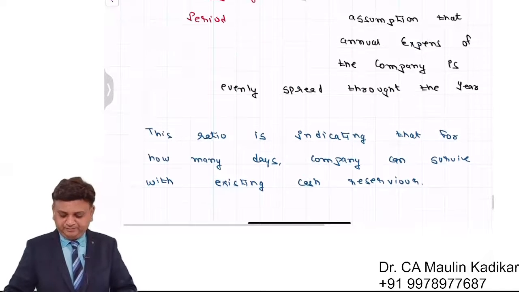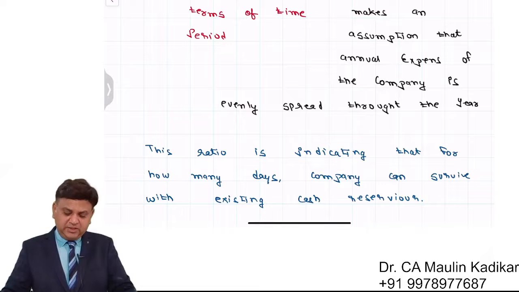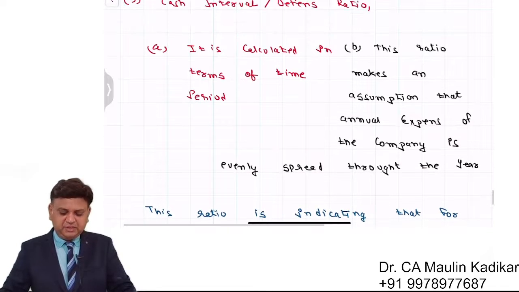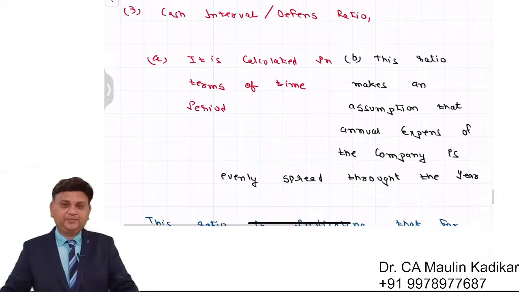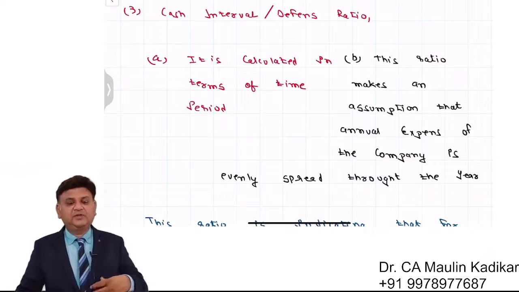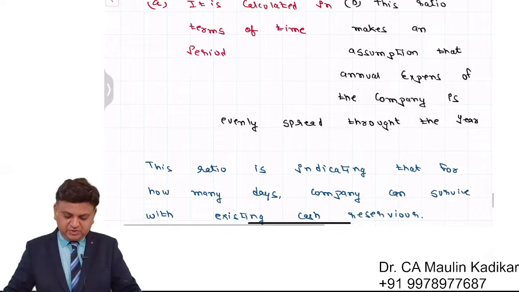Full stop. So we can survive for how many more days, say, with this cash balance. That is what this ratio is indicating. So for how many days you can carry on your existing business without getting further cash from anywhere. I want you to calculate the cash interval or defense ratio and put your answer in the chat box.